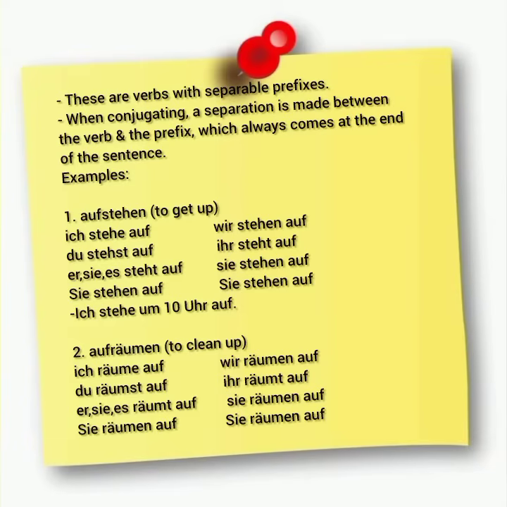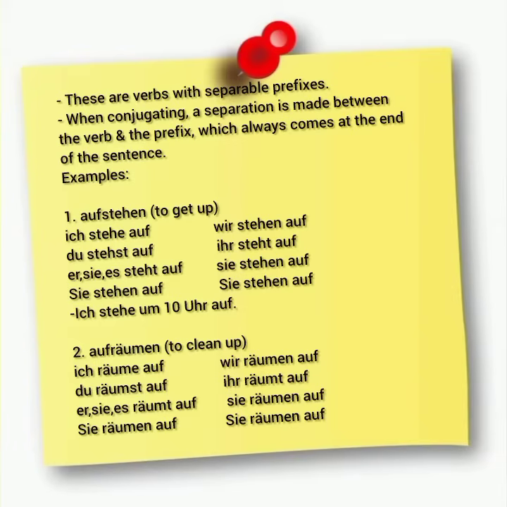If I say, ich stehe auf, it means I am getting up. Du stehst auf. You are getting up. Sie steht auf. Then I have sie stehen auf. Wir stehen auf. We are getting up. Ihr steht auf.